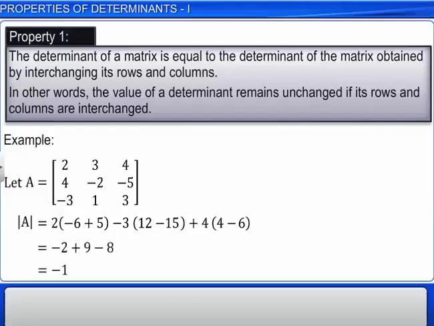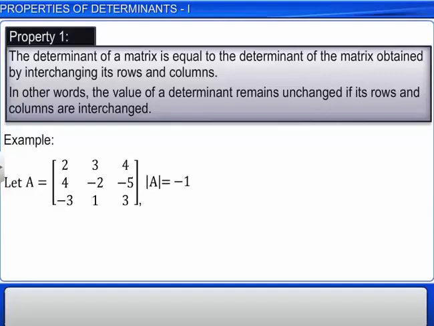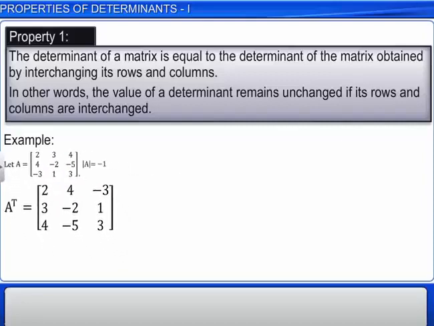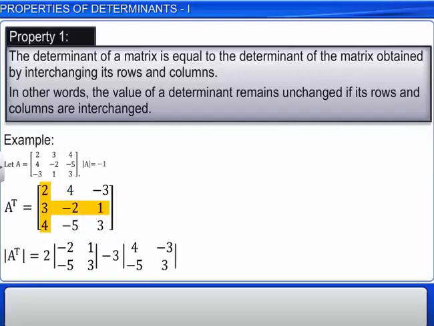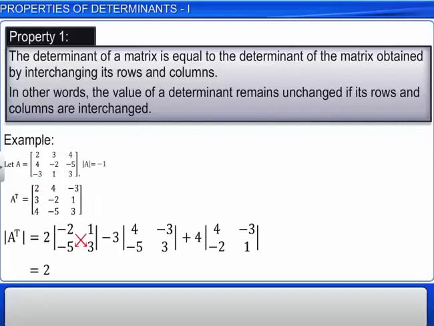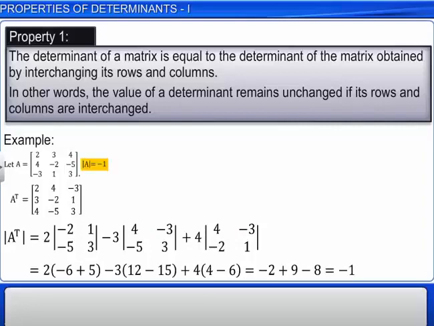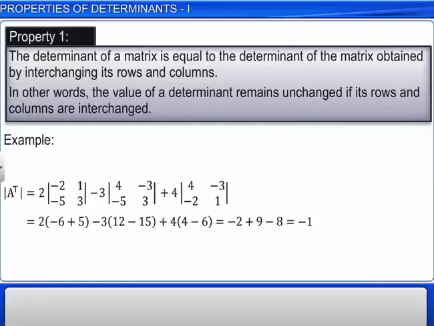Now, A transpose can be obtained by interchanging the rows and columns of matrix A. Evaluating determinant of A transpose along the first column, we get its value equal to -1, which is the value of determinant A. Hence, the determinant of matrix A is equal to the determinant of its transpose.